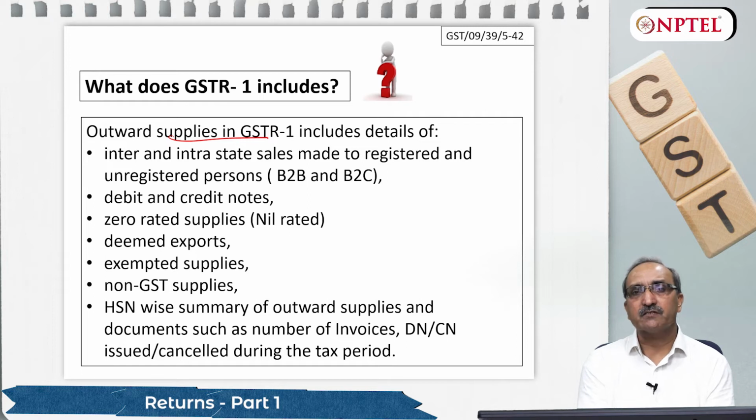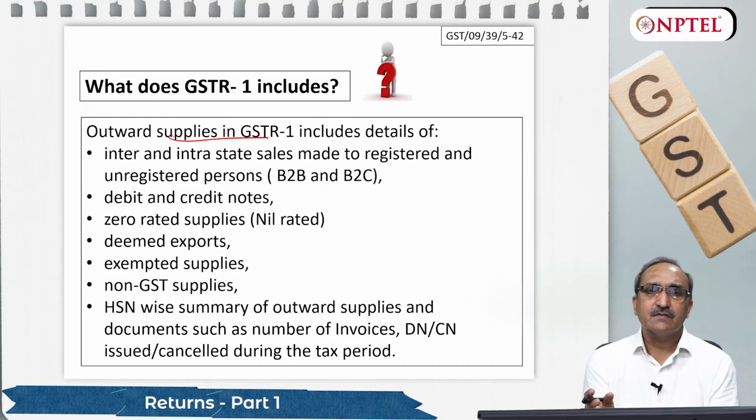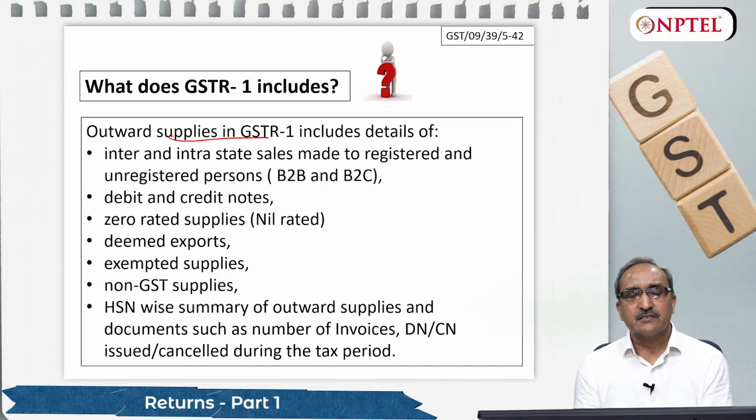In unregistered persons also, there is further bifurcation. If my supply to a particular single person is more than 2.5 lakhs, I have to give data accordingly. There is a set procedure there. And if I have small vendors, small consumers, then I can have a consolidated figure also.